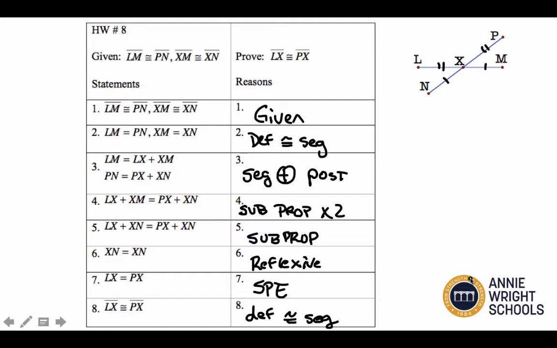So the reason I've been asking you to keep all of those definitions in your dictionary is because those are the reasons that go here. If you haven't been keeping up with all of those things, you're kind of behind the eight ball, and you've got to start doing that. You've got a lot of definitions to go through. I will give you a list for you to work off this weekend to make sure you have all the definitions.